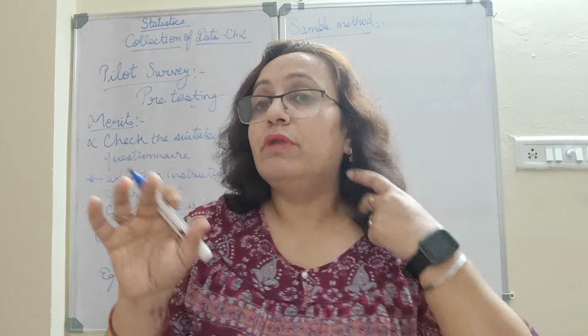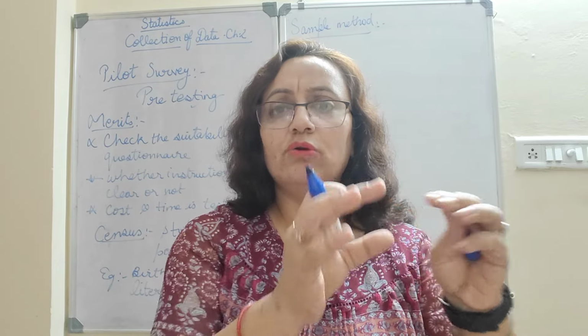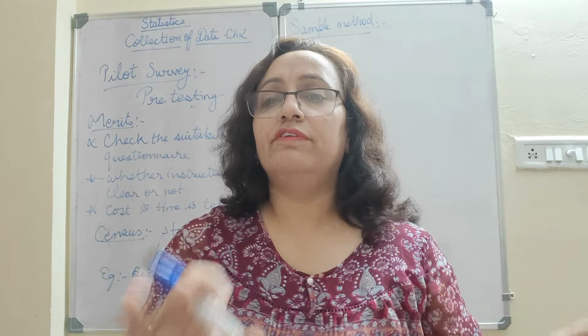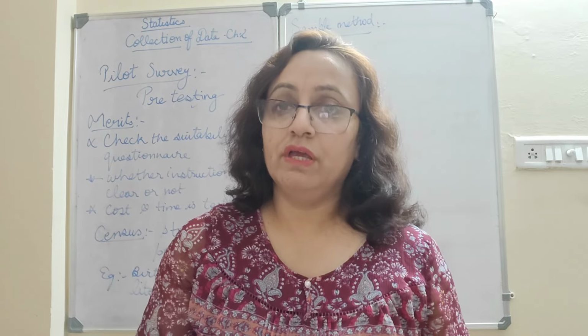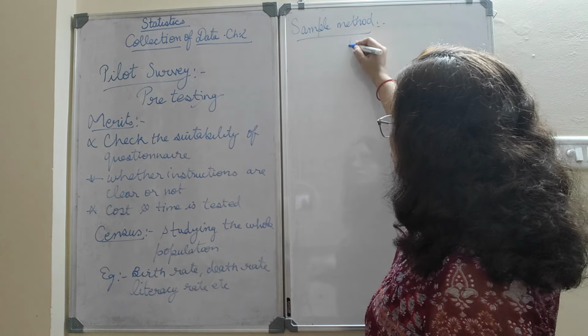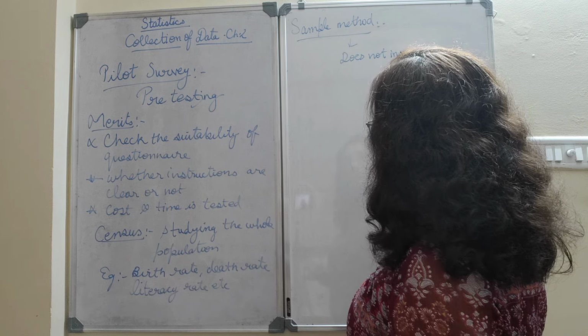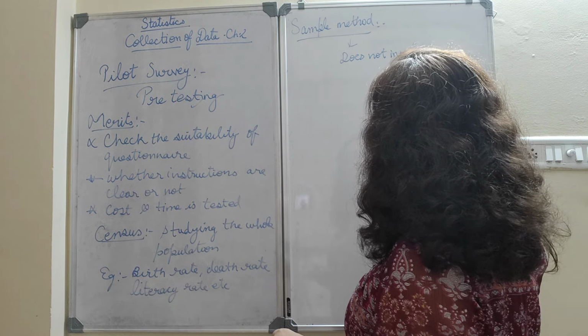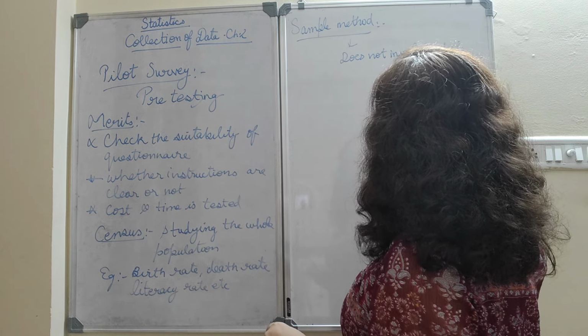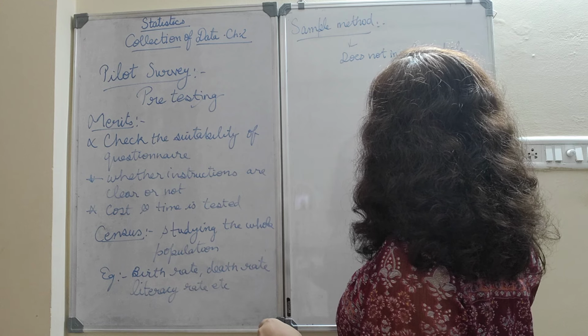Suppose there are different blood groups. We take only 2-3 people of different blood groups and do the test on them. So this method does not involve the whole population. In this, only a few samples are collected.